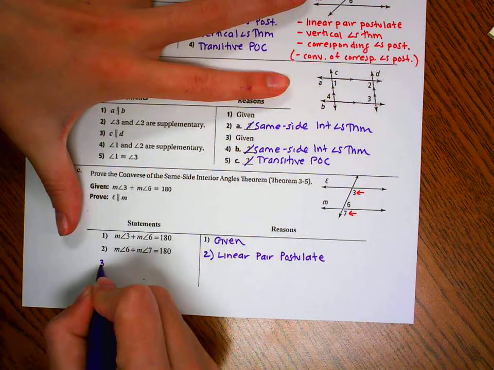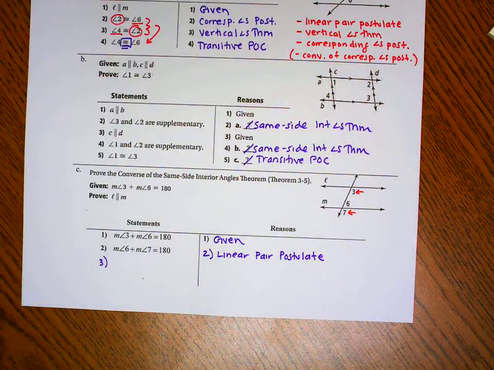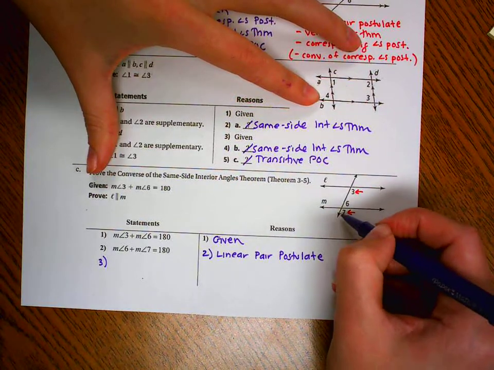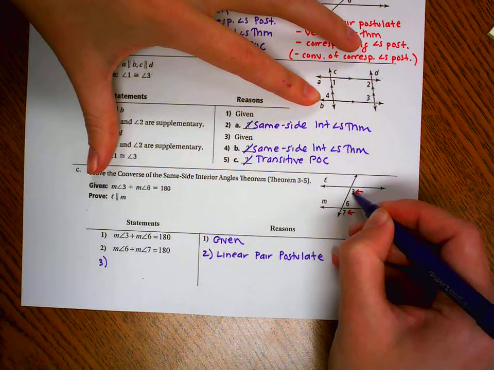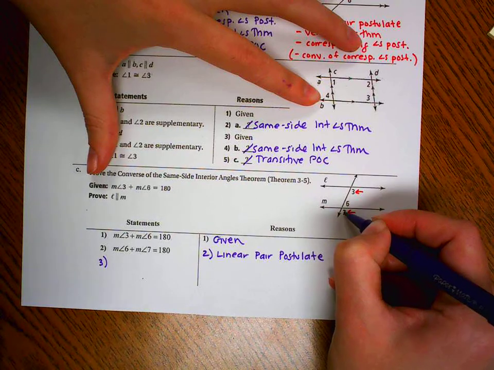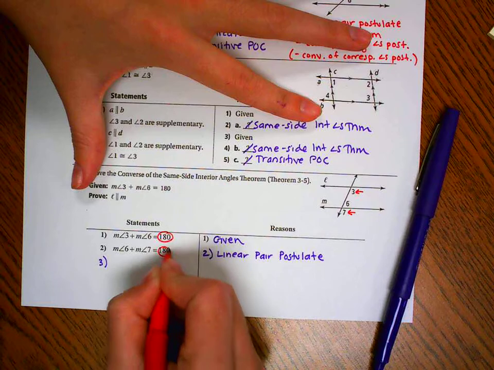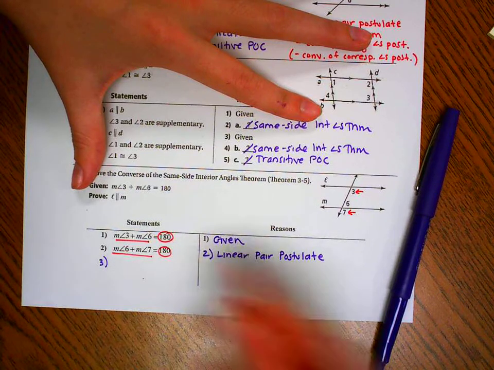Okay. Now let's keep going. Now some of you have more reasons listed on here, some of you don't, but I'll walk you through both anyways. We needed to get to 3 and 7 being the same. Well, we have that 3 and 6 are supplementary. We have that 6 and 7 are supplementary. Let's take a look at this. 180 is equal to this. 180 is equal to this.